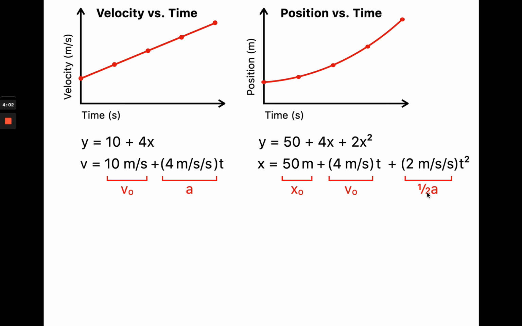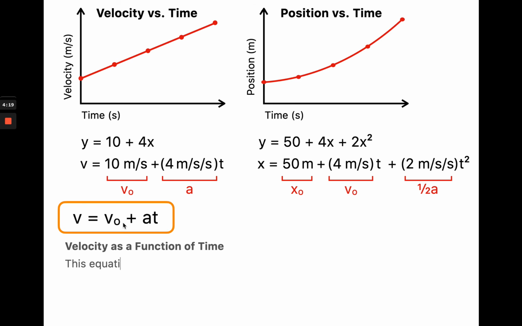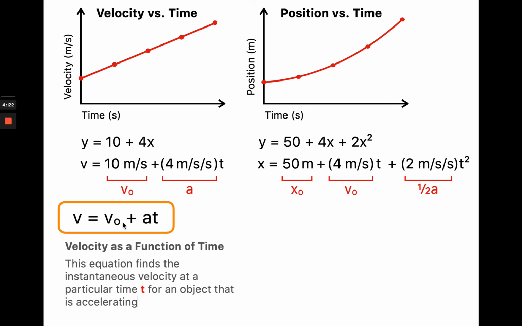So what this means is we can generate new equations from this. So we have this equation: v equals v naught plus at. This is the generic equation from a velocity graph. So we can find the velocity as a function of time, the velocity at any particular point in time.